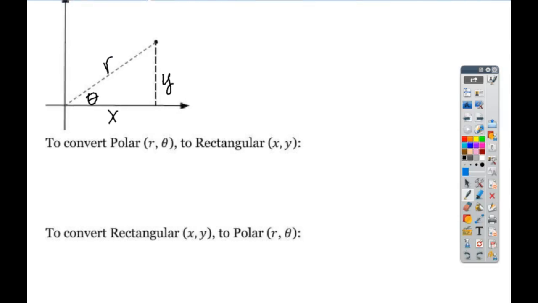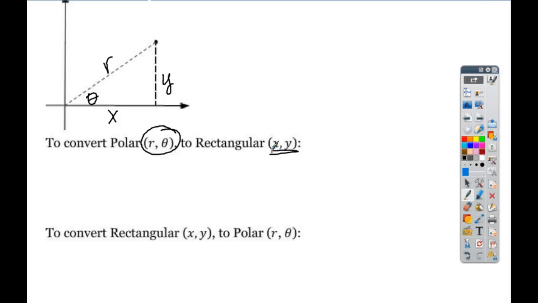So if I'm going to convert to polar, I want r and theta. Well, I'm given r and theta. I want to end up with x and y.